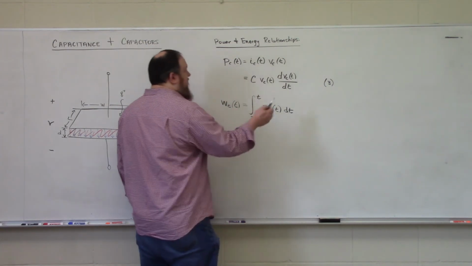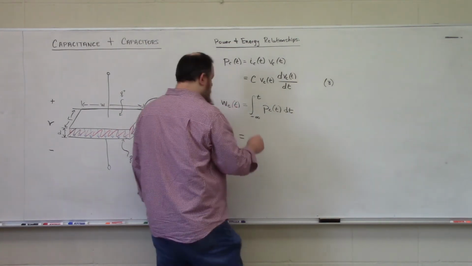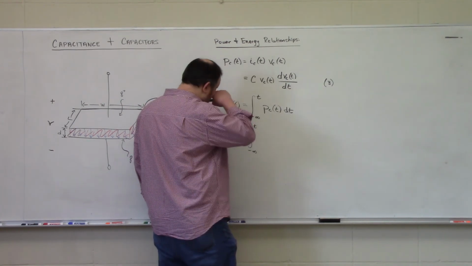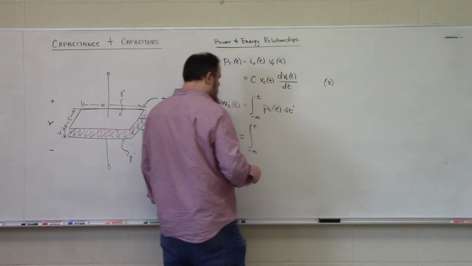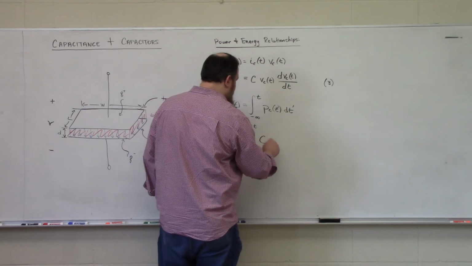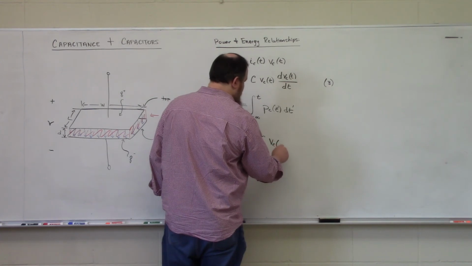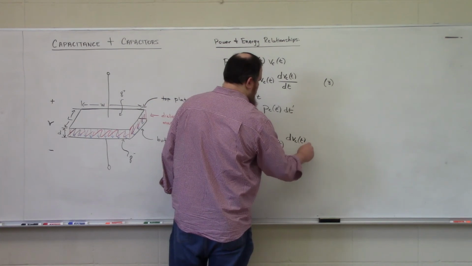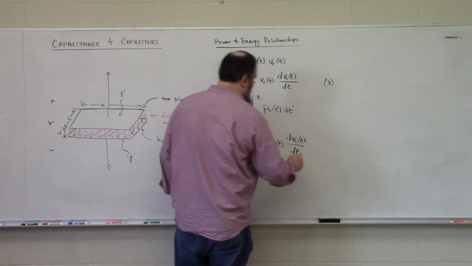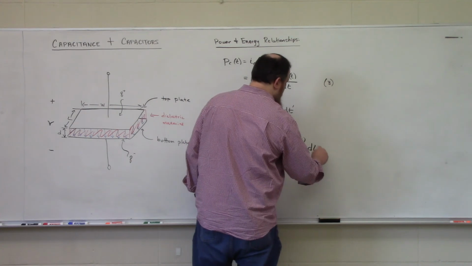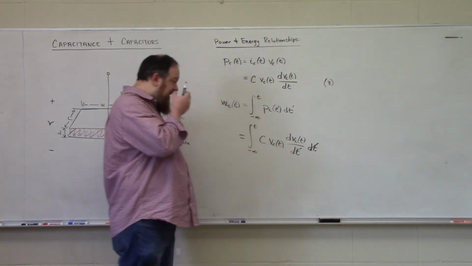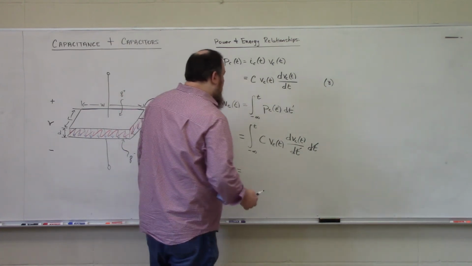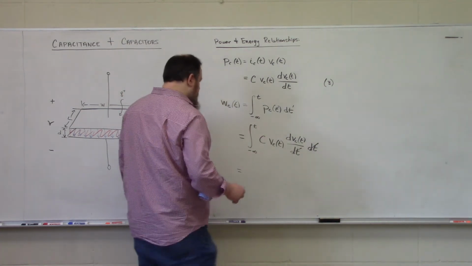If we substitute in this relationship, that gives us the integral from negative infinity to t prime of C Vc dVc by dt multiplied by dt, where these dt's cancel each other out. And we're now integrating with respect to dV.